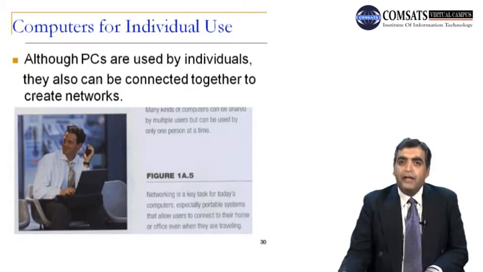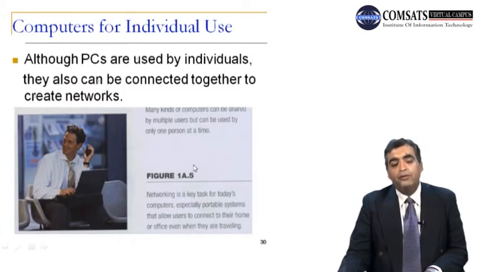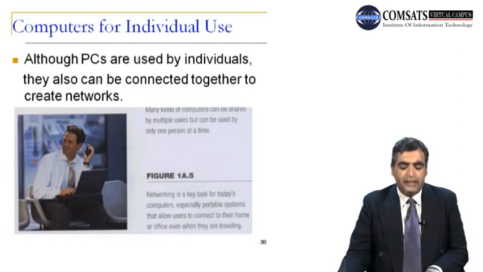Although PCs are used by individuals, they can also be connected together to create networks. Networking is a key task for today's computers, especially portable systems that allow users to connect to their home or office even when they are traveling. Sun Microsystems makes the most popular workstations on the planet.